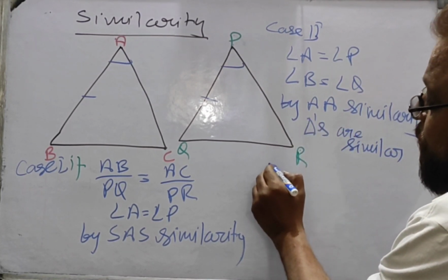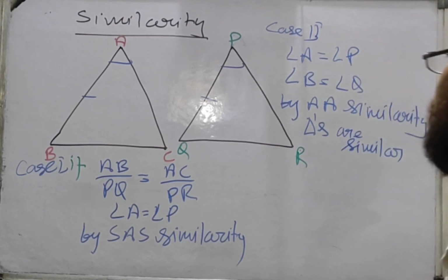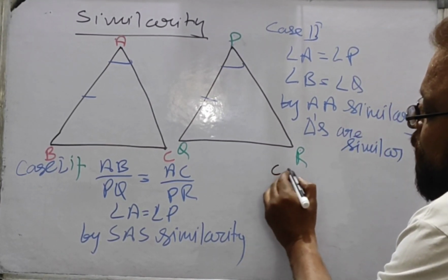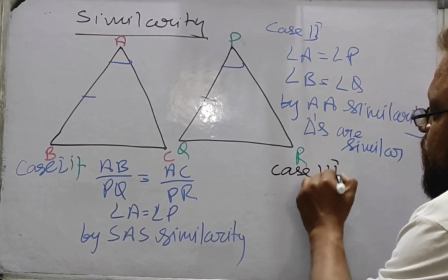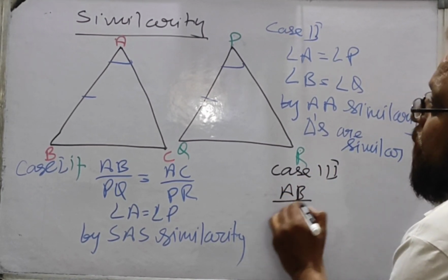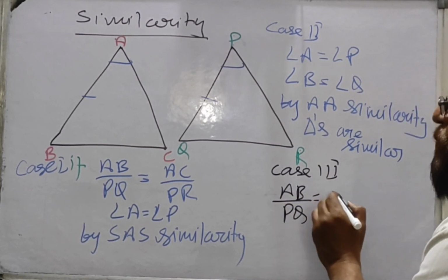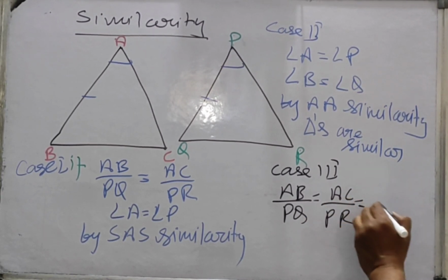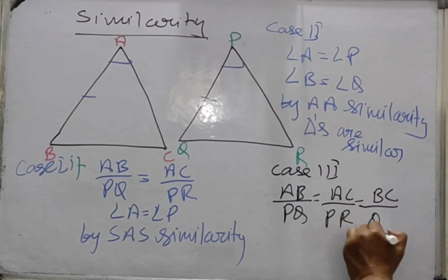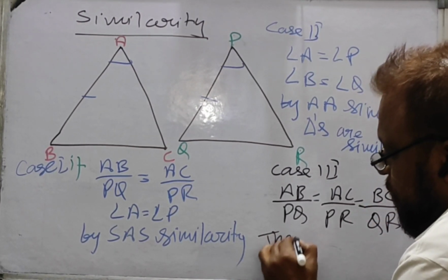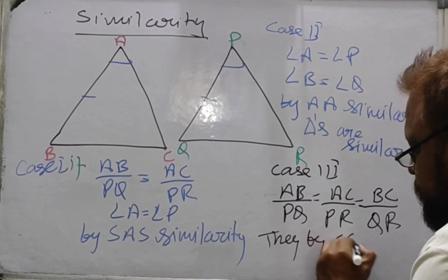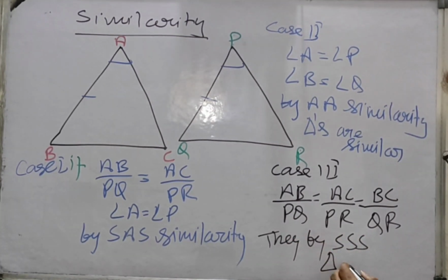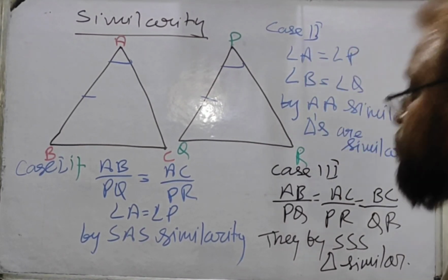Now we have case three. In case three, if AB upon PQ is equal to AC upon PR is equal to BC upon QR, then by SSS, triangles are similar.